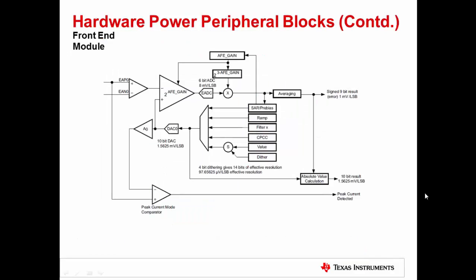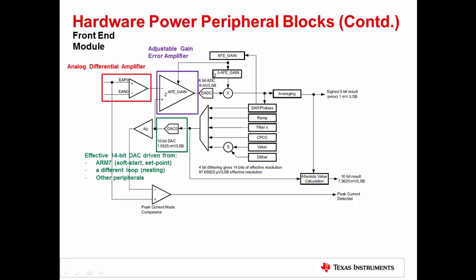Next, let's take a deeper look at the front-end module, which is the sensing and the error generation module in the UCD3138. This block is comprised of an analog differential amplifier, which accepts the feedback signal from the power supply, followed by an adjustable gain error amplifier, whose reference is driven by a DAC.